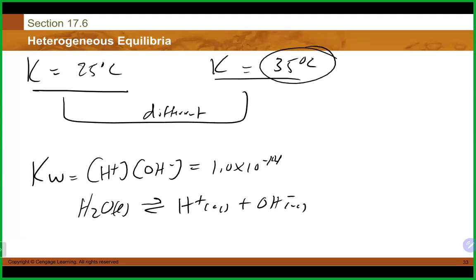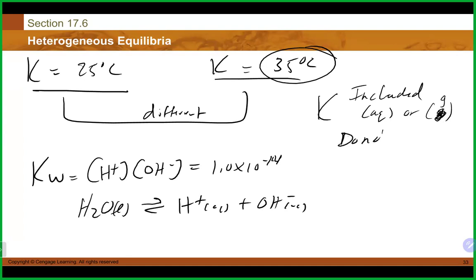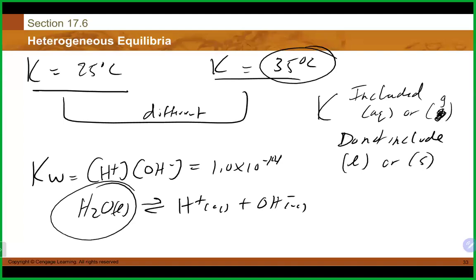Something else we talked about is that when we write the expression for K, the only things included in that expression are things in the aqueous state or the gas state. Things we do not include in the equilibrium expression are things in the liquid state or the solid state. That's why when we write the equilibrium expression for this, we do not include the water, which is in the liquid state.